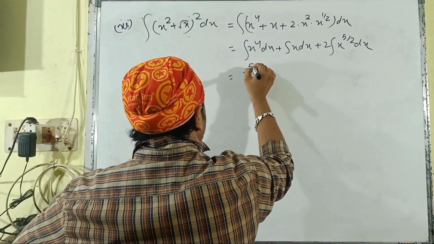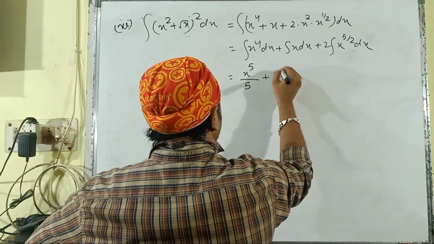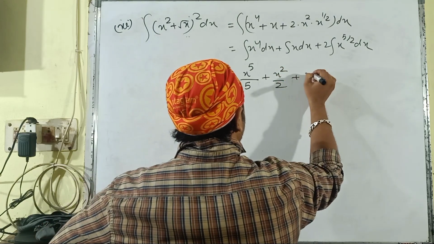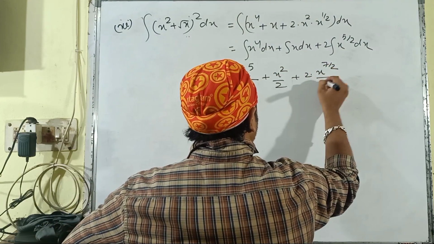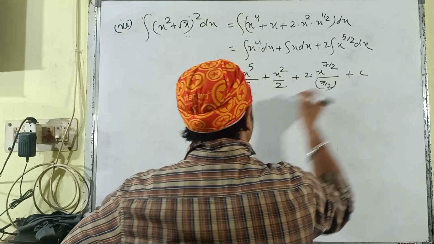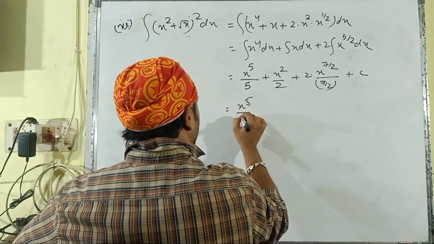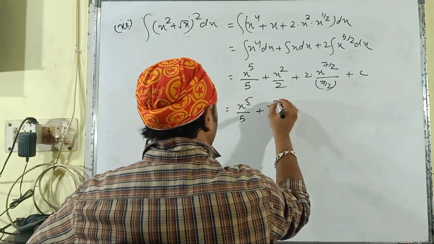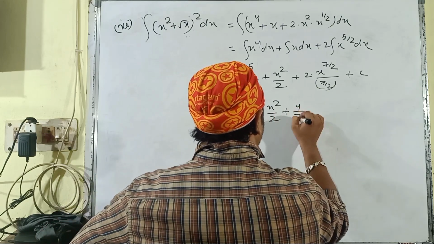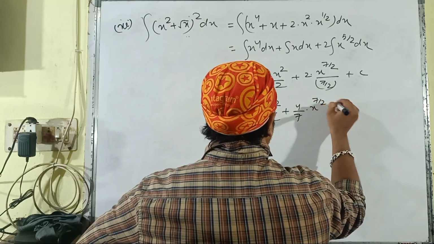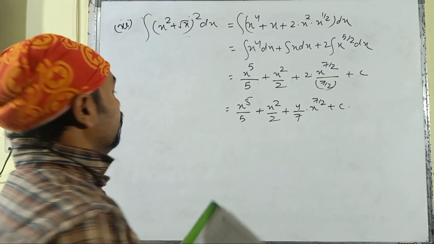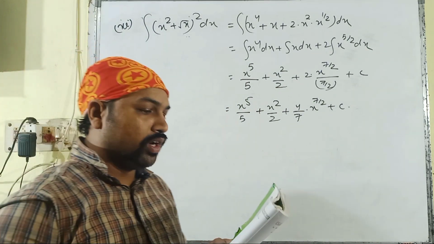Then it will be x to the power 5 divided by 5 plus x square divided by 2 plus 2 multiplied with x to the power 7 by 2 divided by 7 by 2 plus any constant c. Then the final solution will be x to the power 5 by 5 plus x square divided by 2 plus 4 by 7 multiplied with x to the power 7 by 2 plus any constant c. And here it is the 11th part of number 1.